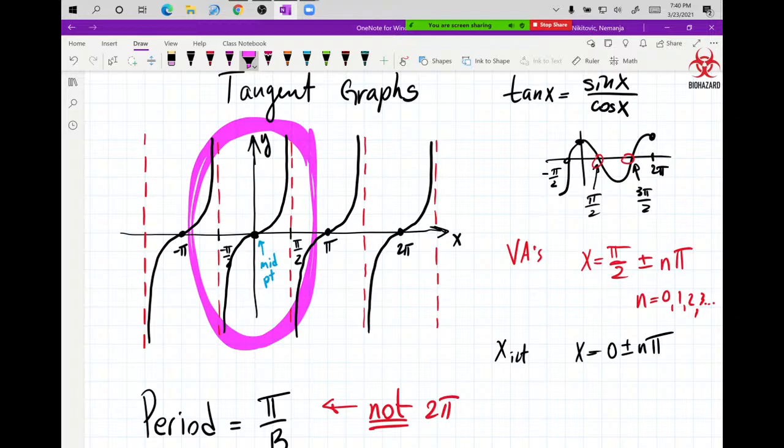So when you have a vanilla tangent of x, you see that the argument is x equals 0. That's exactly there, so that's why we're setting it equal to 0.